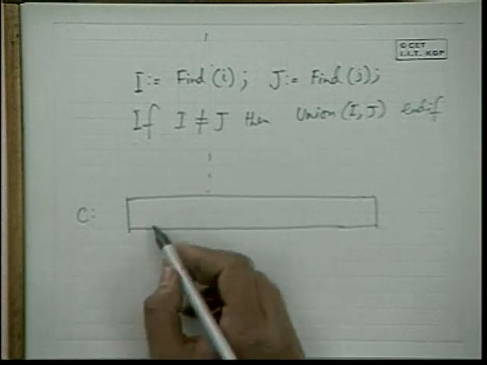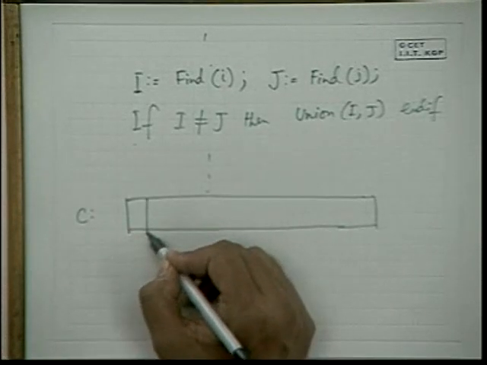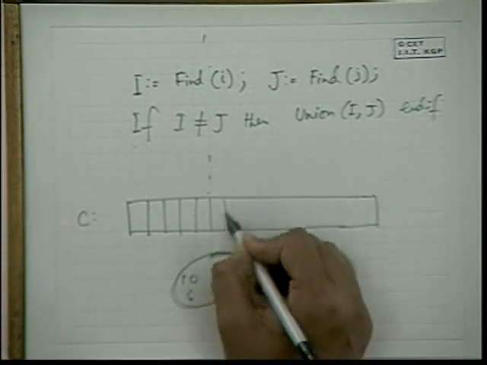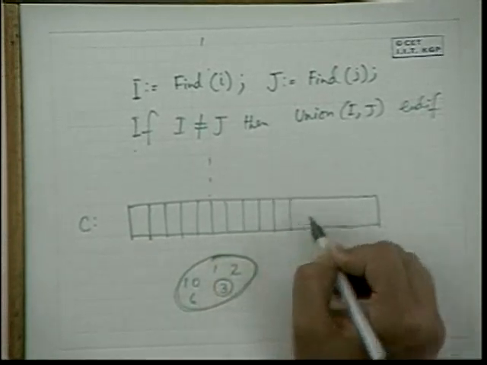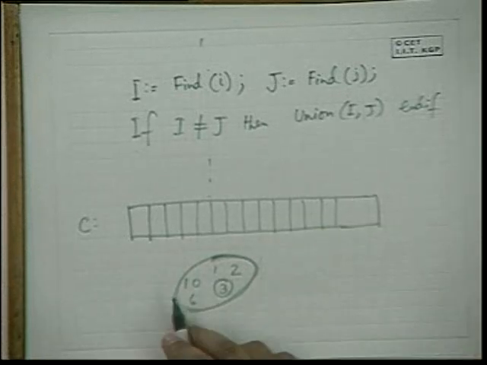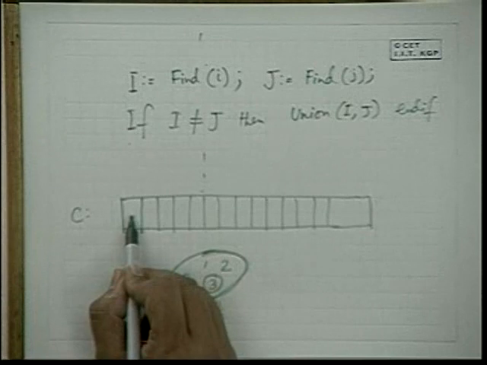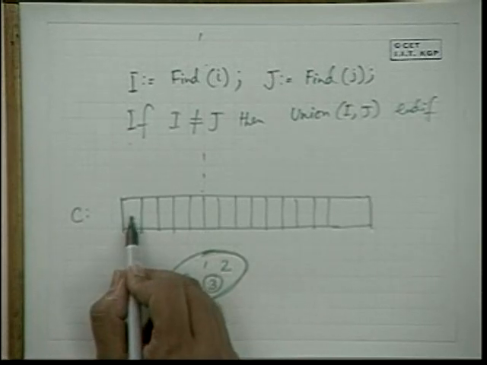If I use the array, suppose this is 1, 2, 3, 4, 5, 6, 7, 8, 9, 10, 11, 12, 13. Suppose this is an array. C[i] will contain the name of the set in which i belongs.